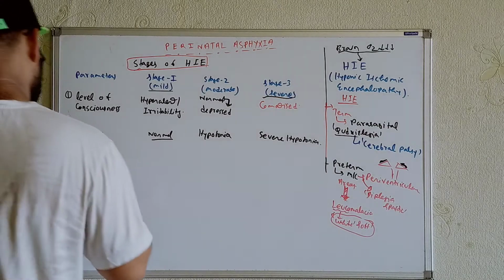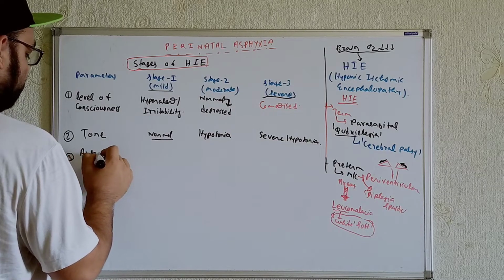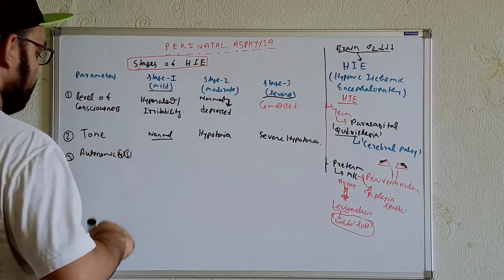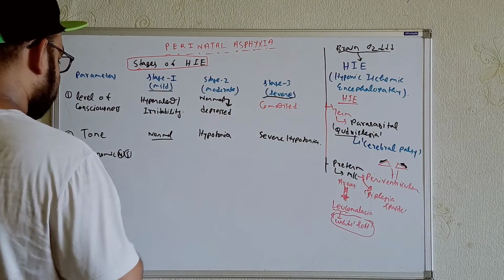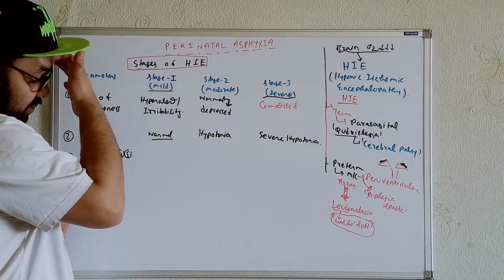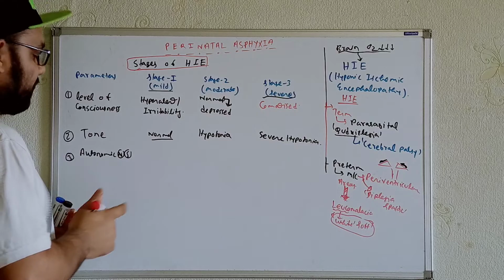Okay. Now we'll talk about the third important one, the autonomic nervous system. Whatever we see in these cases, let's start with the first stage, stage 1 HIE, hypoxic ischemic encephalopathy.